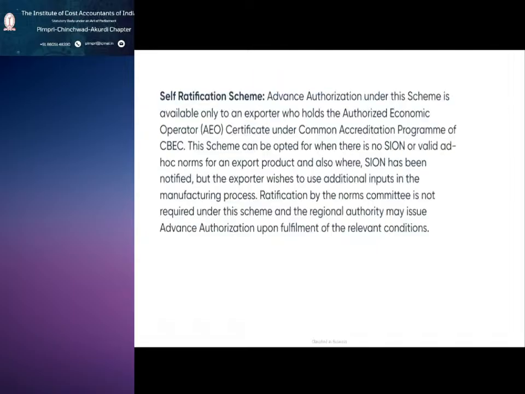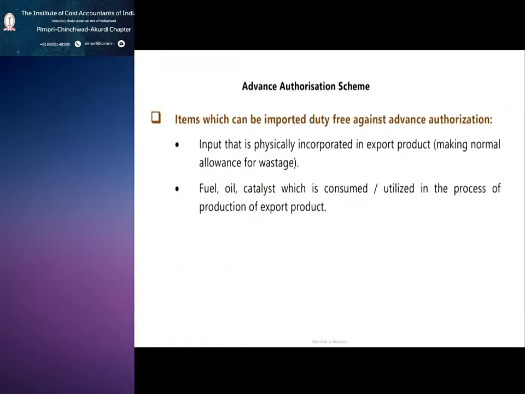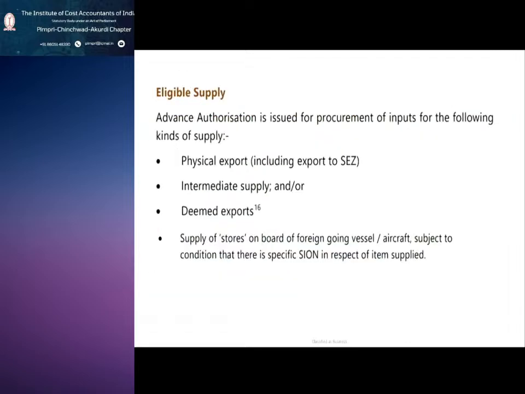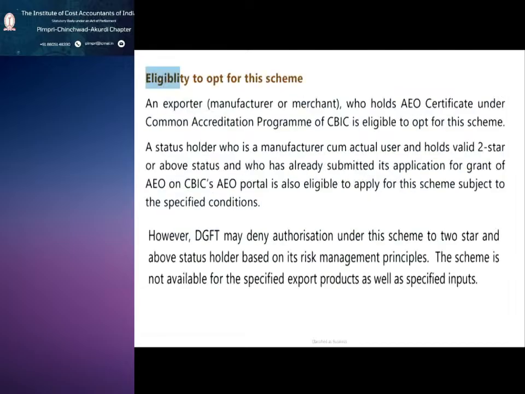So you need to mention the items which are considered under the advance authorization scheme under duty free. These are the two items, and who is eligible to opt for the scheme. So we need to write this.